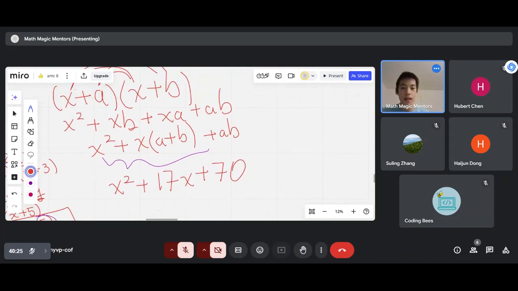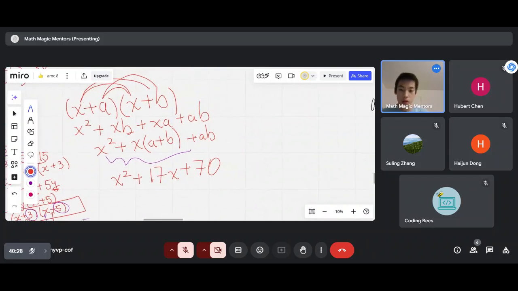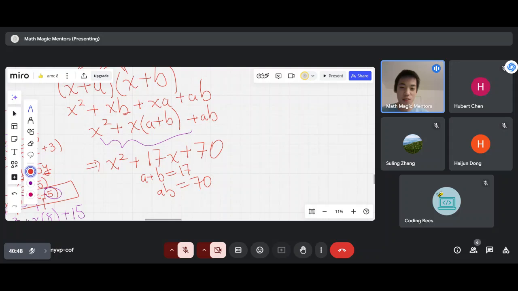Now, assuming that we can factor this example quadratic into a product of two binomials, x plus a and x plus b, we can say that we want two numbers, a and b, such that their sum is 17 and their product is 70. All right, so that's the game. So can you find two numbers, a and b, such that a plus b is 17, so the sum is 17, and the product ab is 70?